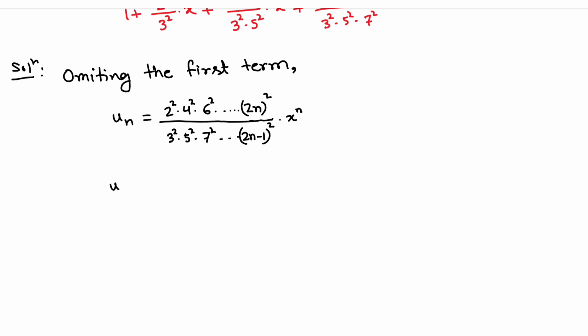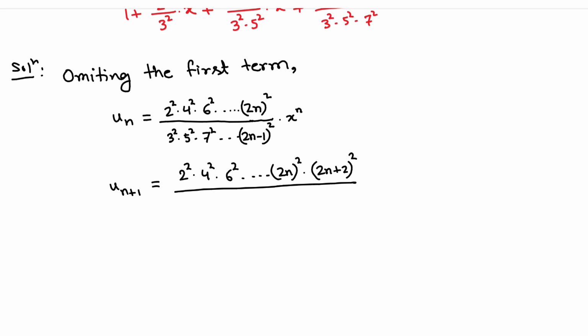So obviously we have to calculate un plus 1. This will be 2 square into 4 square into 6 square into dot dot dot 2n square, and what will the next number be? It increases by 2, so this will be 2n plus 2 whole square, divided by 3 square 5 square 7 square dot dot dot 2n plus 1 square, and the next number increases by 2.